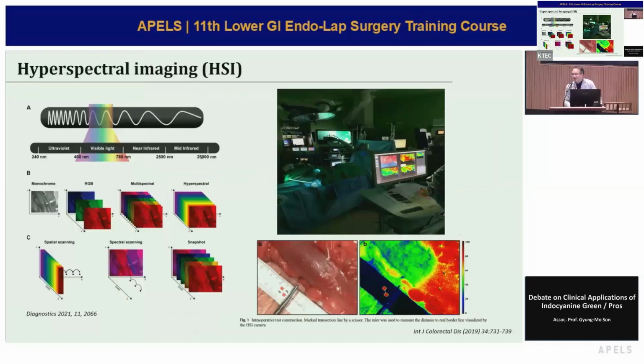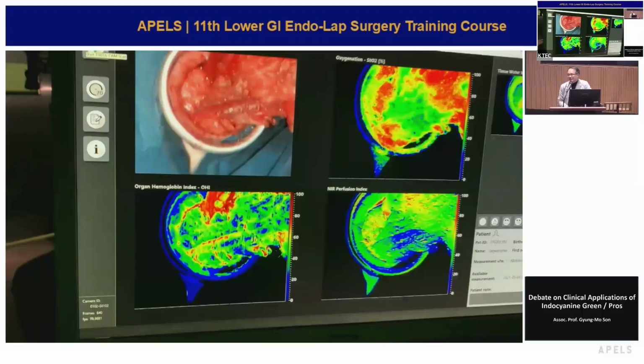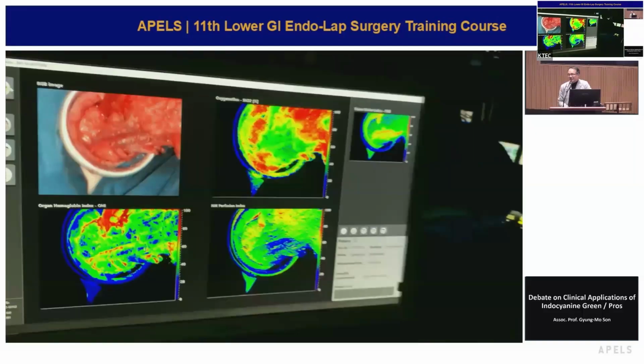And for the future, I want to show you some future studies. Actually, this is another imaging system, hyperspectral. Nowadays, with laser speckle imaging, hyperspectral imaging and ICG, we have many different advanced imaging technologies. So nowadays, I study hyperspectral imaging and compare it with ICG.